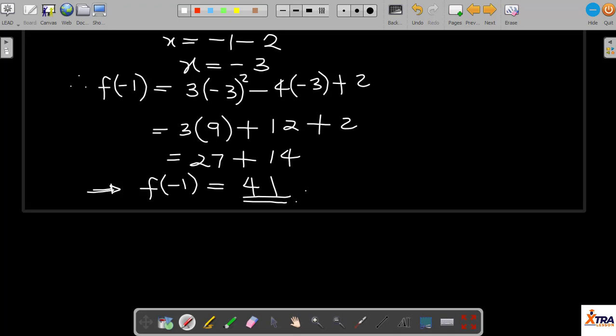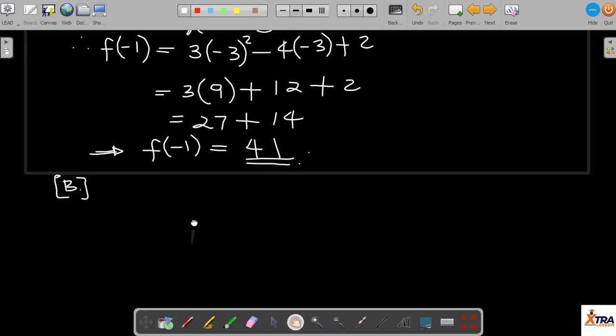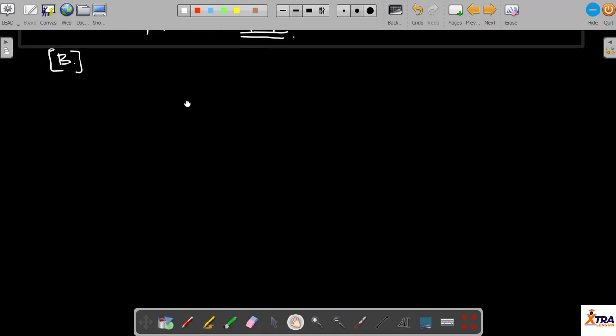But since I've gotten my f of x from Roman figure 1, another way I can go about it is by using the f of x I've gotten.